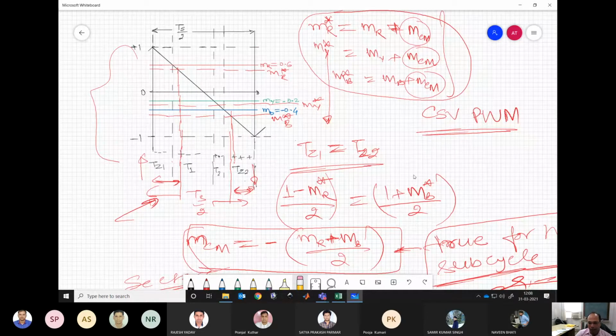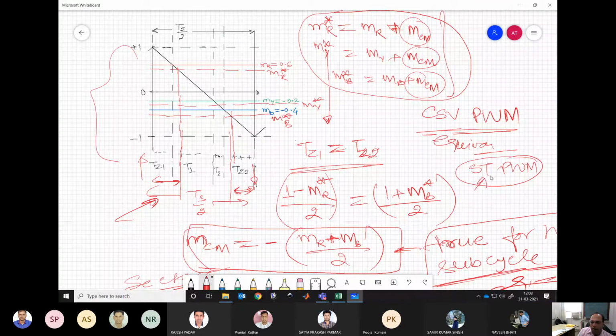In order to make that equal, we tried to add some common mode to the modulating signals so that we can make the sine triangle PWM equivalent to the conventional space vector PWM. This is harmonic injected sine triangle PWM, which will perform very similar to conventional space vector PWM.